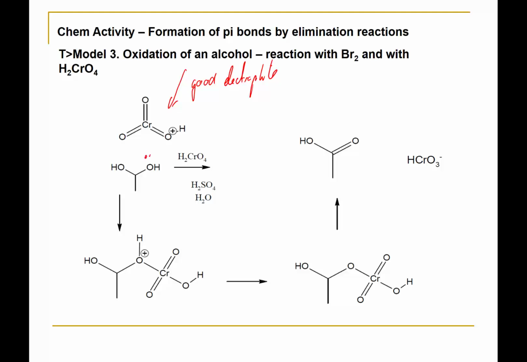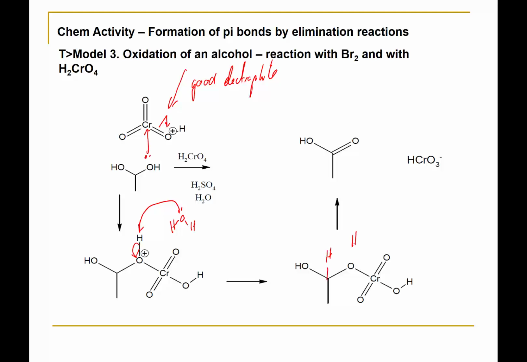And so we'll start off with our hydrate attacking the good electrophile, forming an intermediate that involves a protonated oxygen. We'll have the deprotonation step, where water will be acting as our base, picking up that proton. Now we have a leaving group all primed, and here is our removable hydrogen.